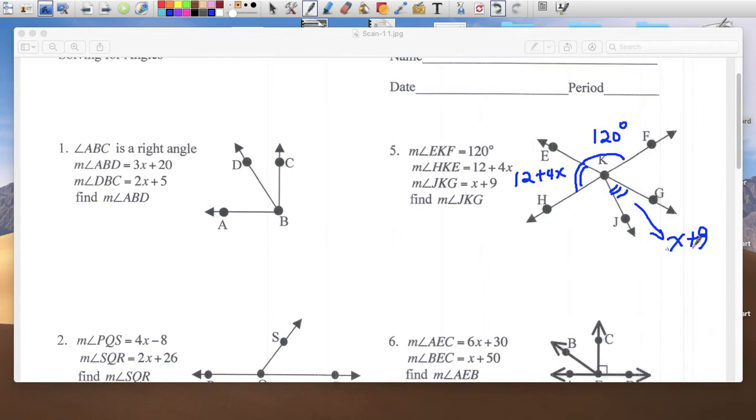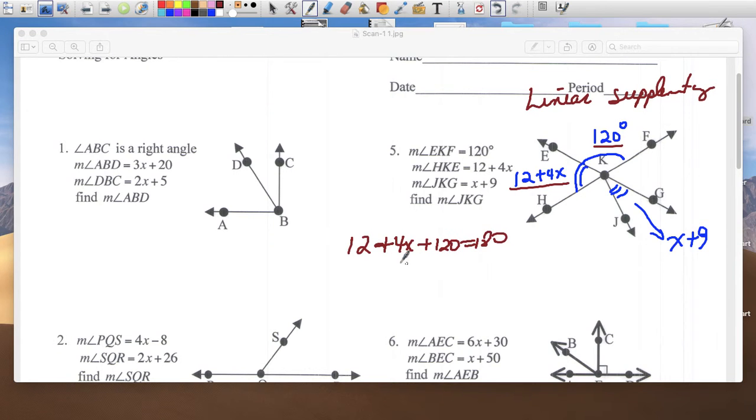Find this angle, right? So we need to find out what x is, so I can come here and substitute. Look at the first relationship. Look at these two in here, 12 plus 4x and 120. What kind of relationship do they have? They're linear, and they're supplementary, right? So I can set up an equation: 12 plus 4x plus 120 equals 180.